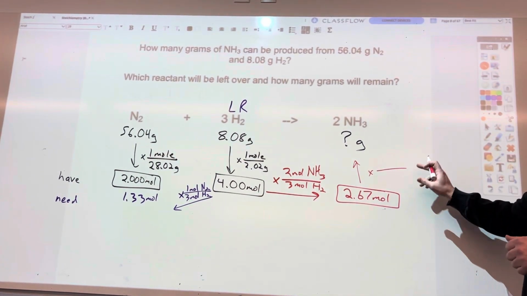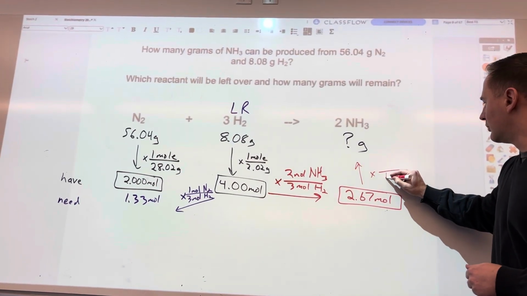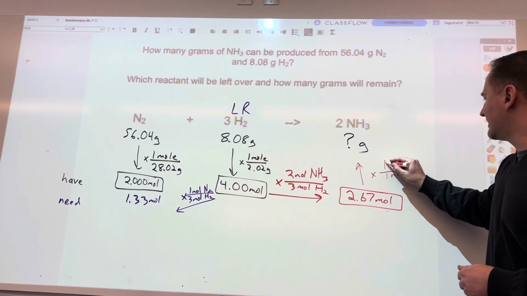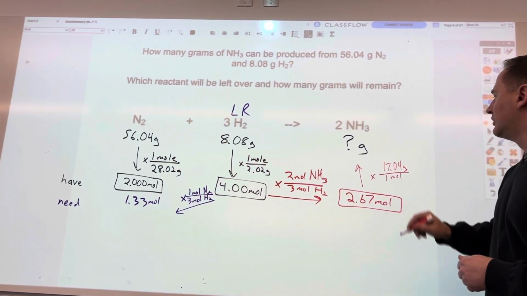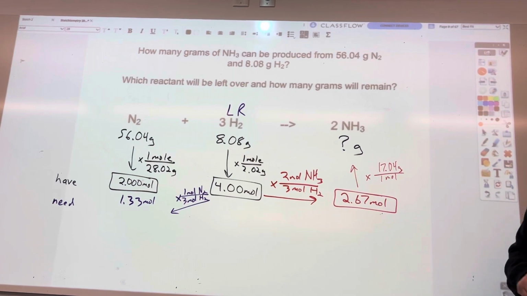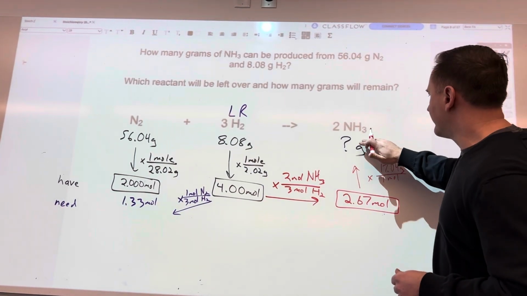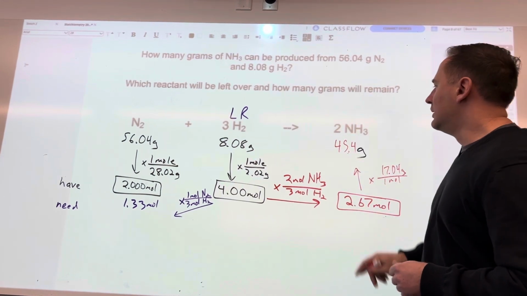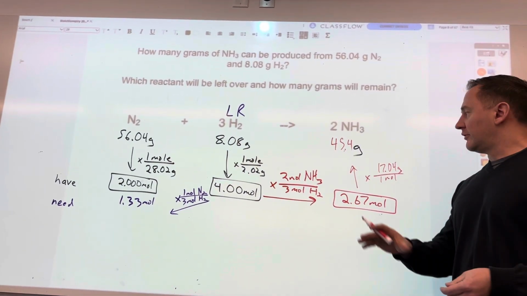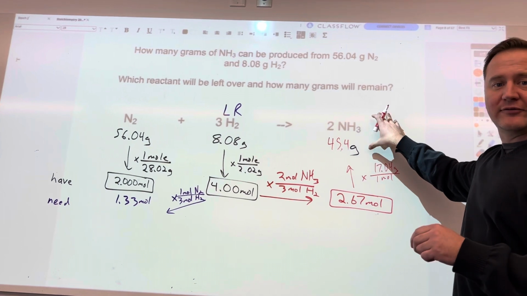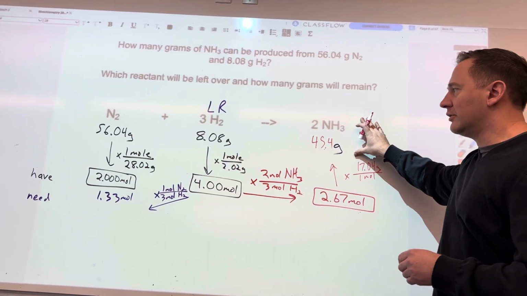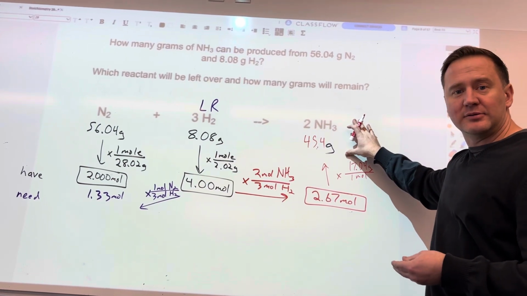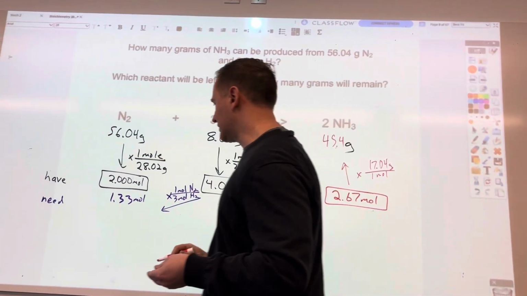Again, since you have moles, that goes in the bottom. So you put 1 mole is 17.04 grams for ammonia. And when you multiply that out, you get a value of 45.4 grams. So if everything goes perfectly, theoretically, you should be able to make 45.4 grams of the ammonia based on the amount of reactants you have. So that answers the first part of the question.